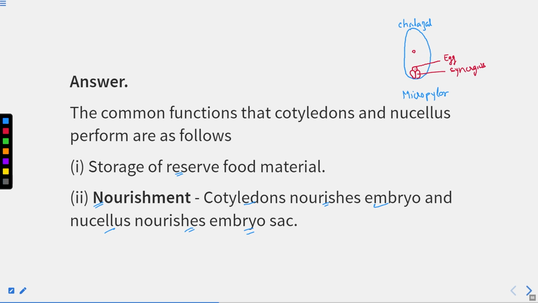In the center, 2 polar nuclei are present, which fuse together later on, and here 3 antipodal cells are formed. These are antipodal cells. So this is the nucellus.